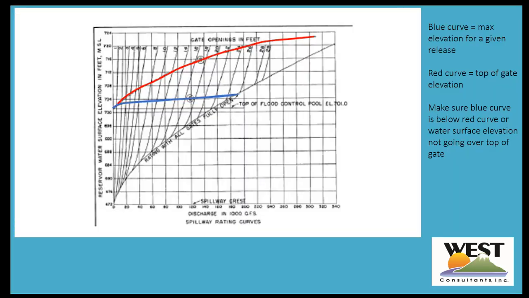So this operation is governed by curves, and what I'm showing here is what's called an induced surcharge envelope curve, and it's a single curve, which I'll explain in a little bit more detail. But I also wanted to point out that you could have a family of curves that relate the pool elevation to the inflow that's occurred over some period of time, normally just a few hours, and that will lead you to a required discharge.